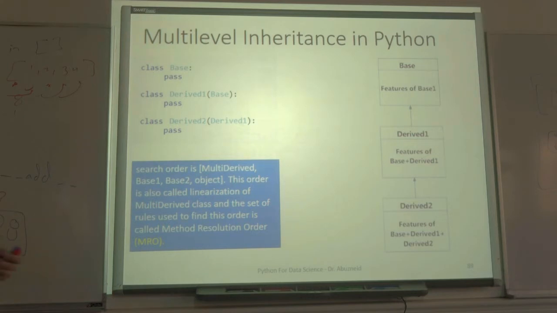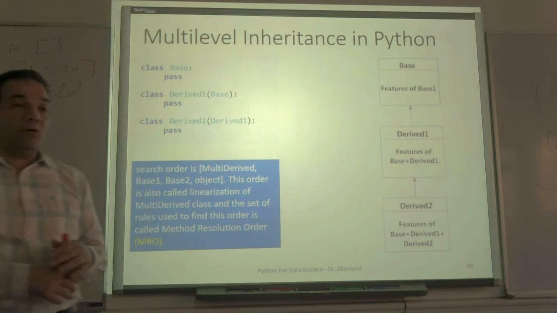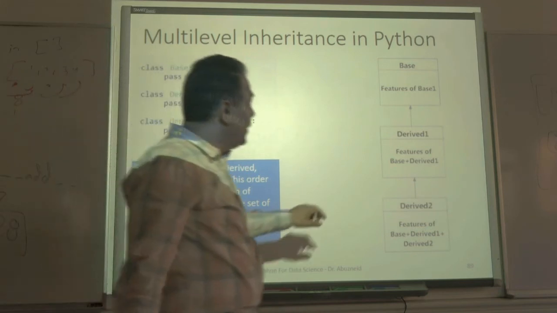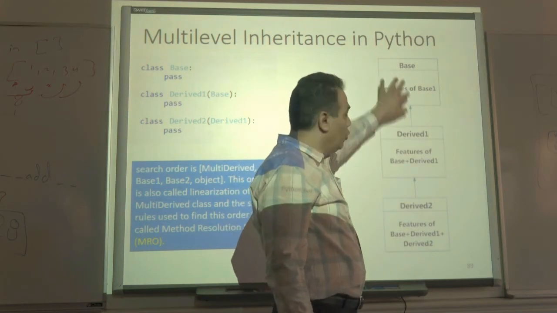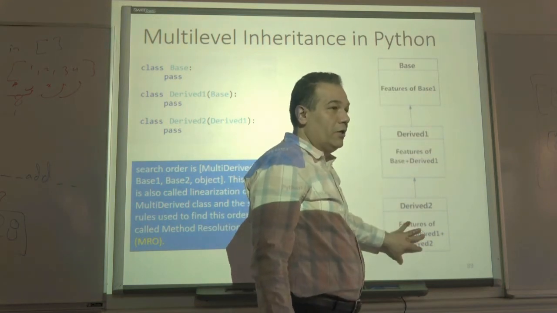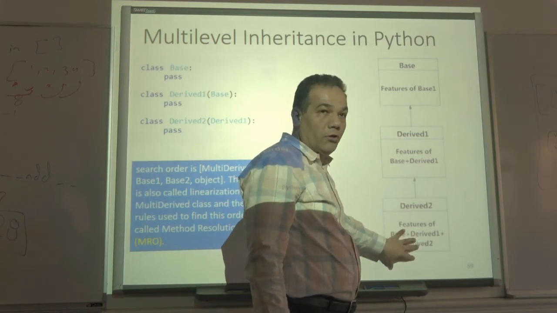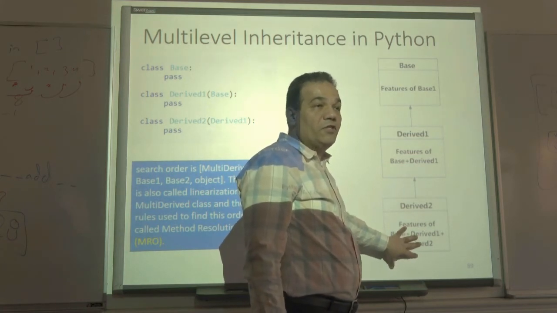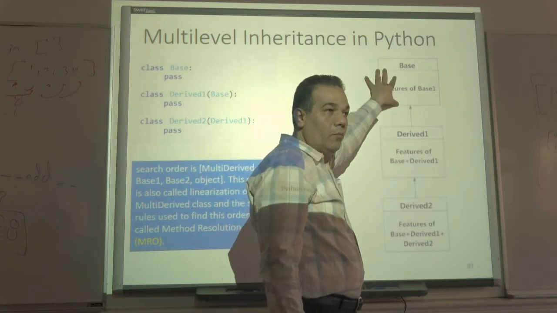So what is the search order? Let's say that we have a method in the base, and you override it in here and override it in here. When you execute it in here, which one is going to execute? Here. If it's not in here, it's going to take it from here, and if not here, from here.